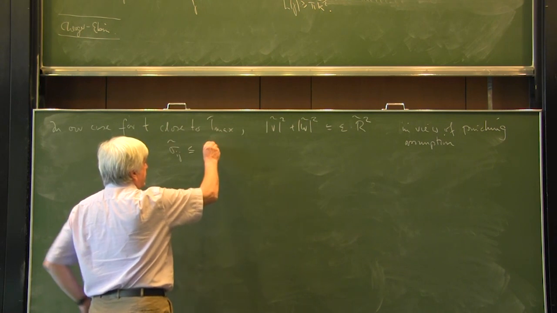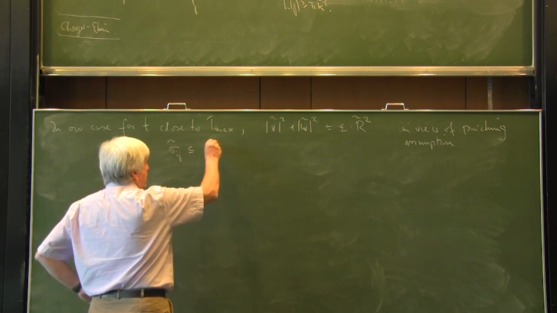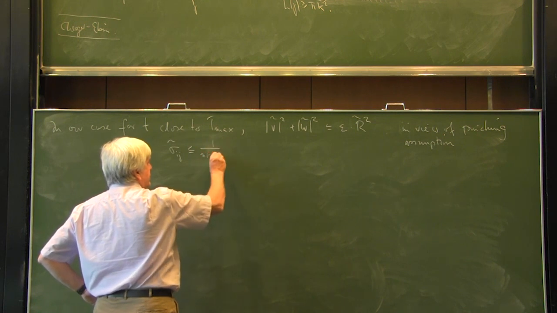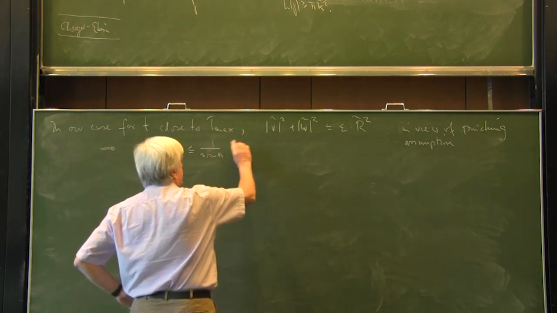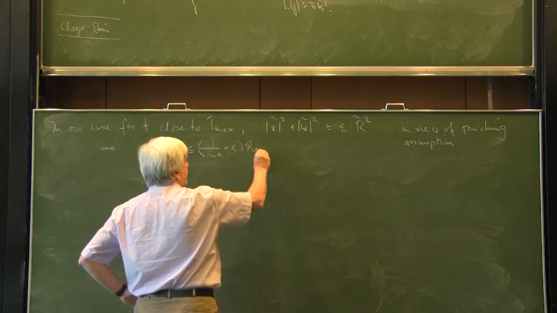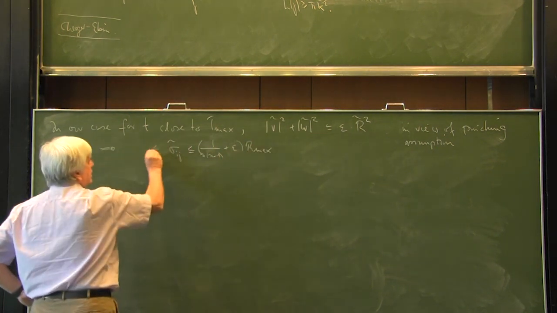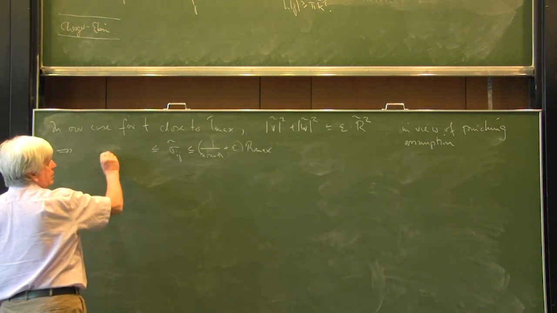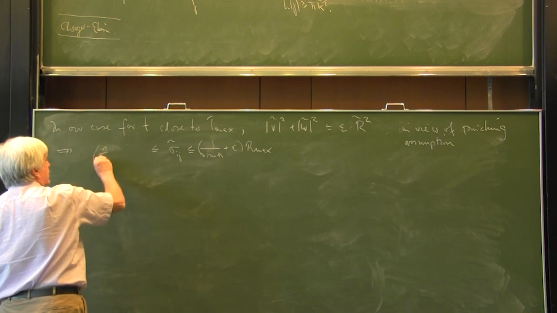They are like 1 over n times n minus 1, plus a little bit, times R max, and bigger than 1 over n minus 1 minus epsilon.